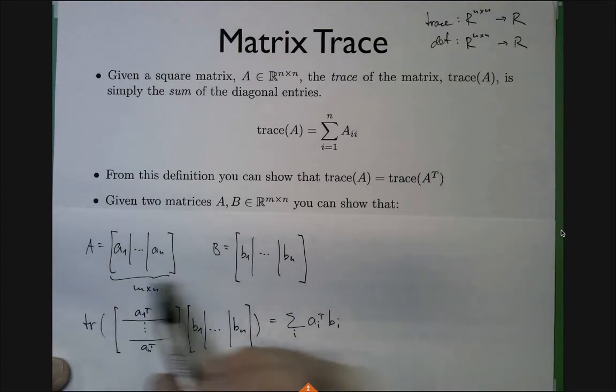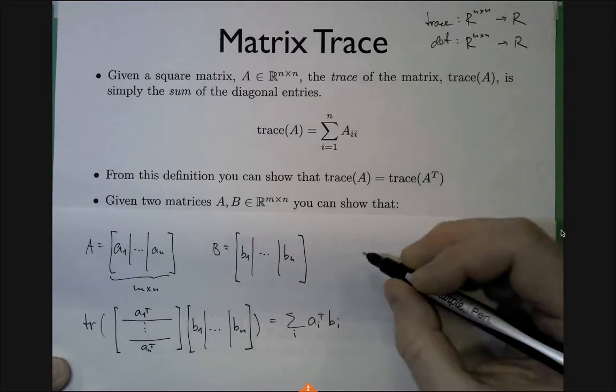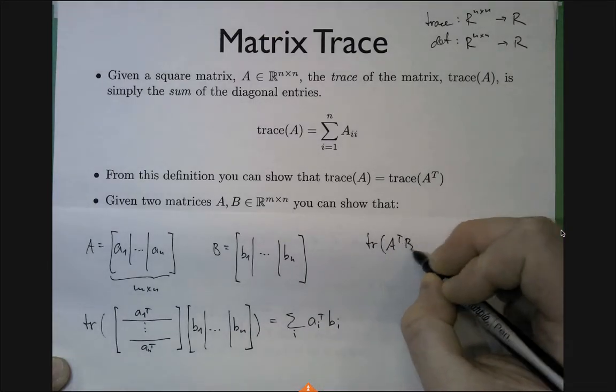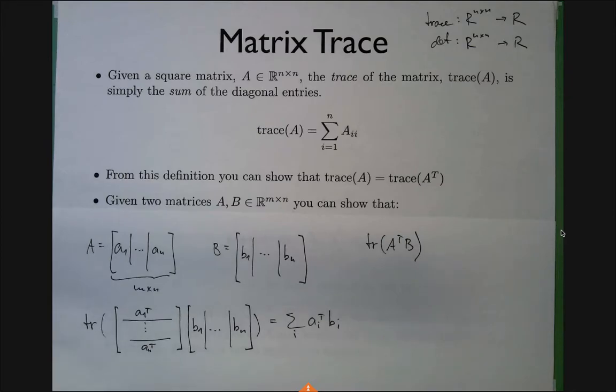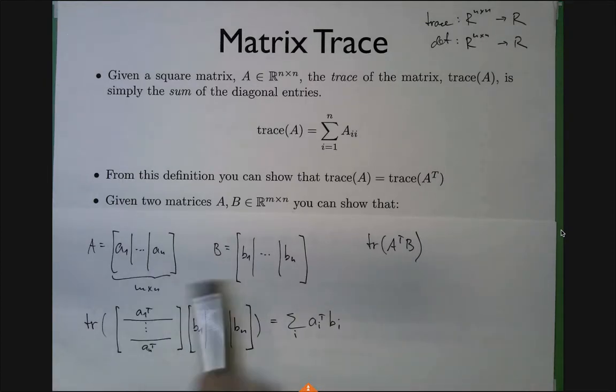So do you see what it means in terms of the original matrices, the trace of A^T B? This is the sum of dot products of all the columns, one at a time. This is actually something very basic. It is basically a dot product on matrices, if you think about it that way. Let me put it a different way. If I unroll the matrix, did I talk about the vectorization operation, the vec operation?